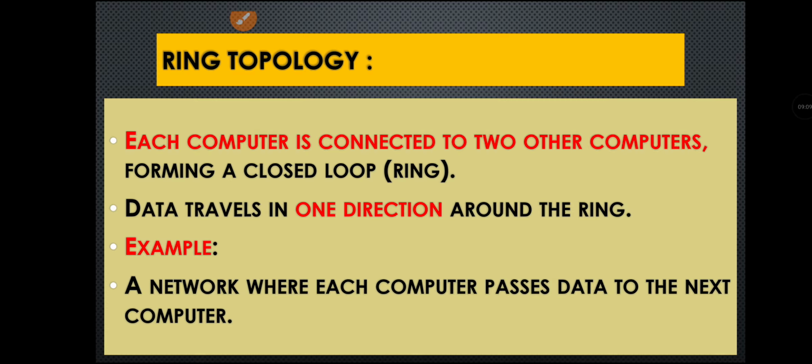Loop is nothing but a ring. Here data travels in one direction. In bus topology, data travels in both directions, but here data travels in one direction around the ring. Example: a network where each computer passes data to the next computer.